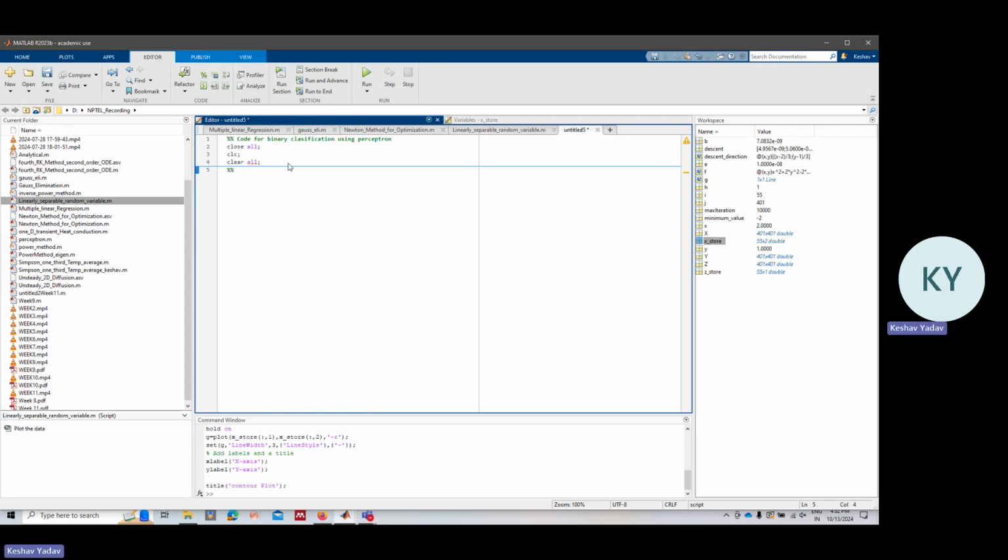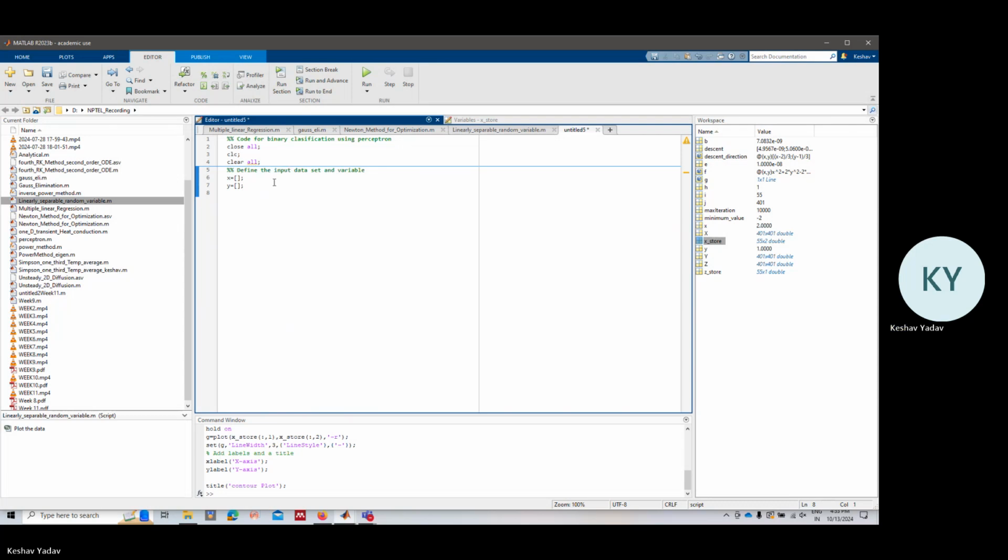Then we will define the input data set and variables. Okay, so we will define x, we will define y. So x will be what? Integer. No, x will be a real number, y will be an integer.